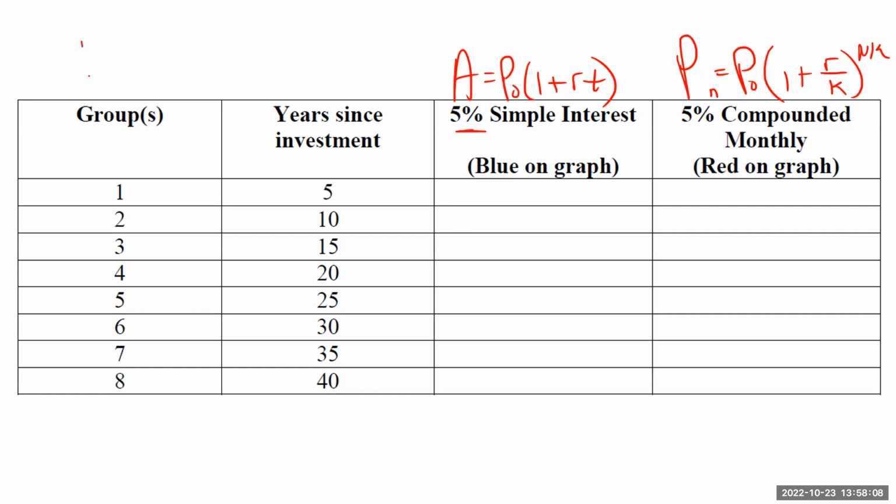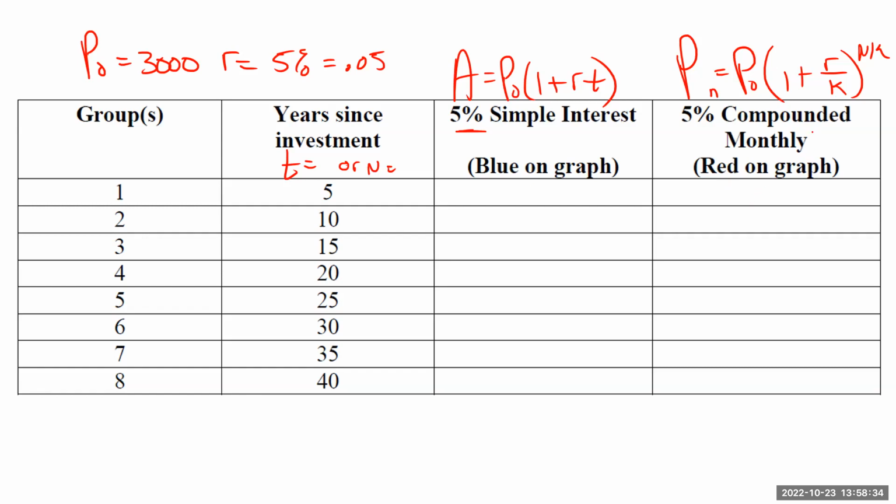Remember, the P sub 0 from the directions is $3,000. The interest rate is 5%, so that's 0.05. And the time here is given. So this is our T value for simple, or the N value for compound.